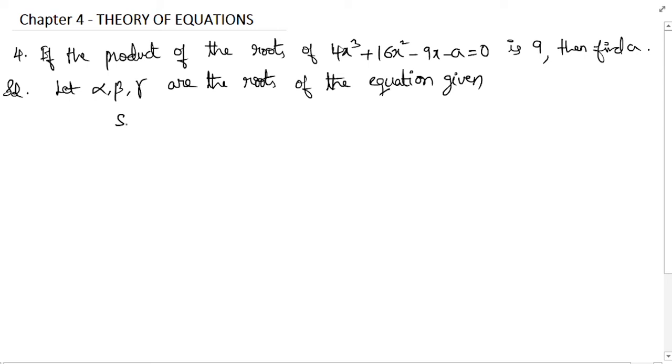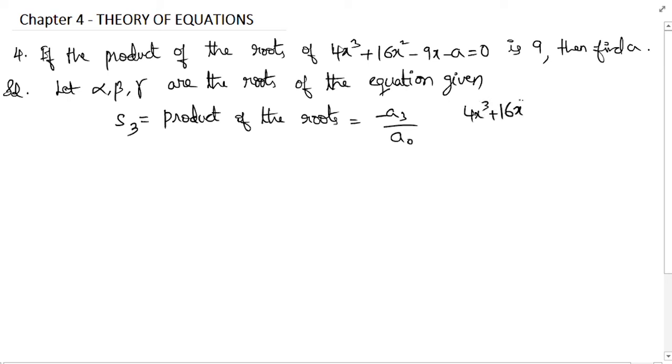We know that S3, that is the product of the roots, is equal to minus A3 by A0. So here in this equation, that is 4x cubed plus 16x square minus 9x minus a is equal to 0, these are A0, A1, A2 and A3, right?